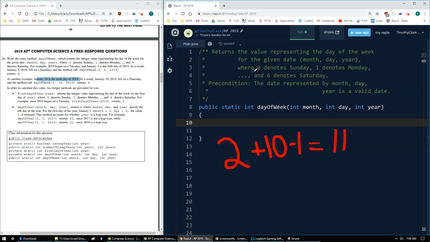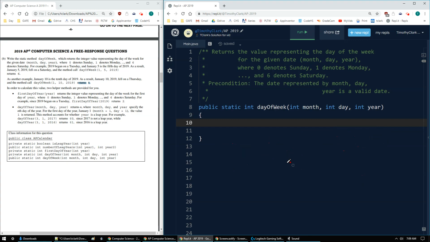But 11 is not on my list, since I have 0 through 6. So what I want to do is find the remainder when divided by 7. 11 divided by 7 has a remainder of 4, and 4 is Thursday, so that works. So there's my math. I'm going to take the first day of the year plus the day of the year minus 1. Then I'm going to take the remainder when I divide by 7, the mod 7.